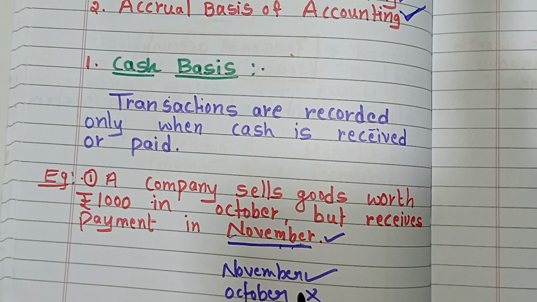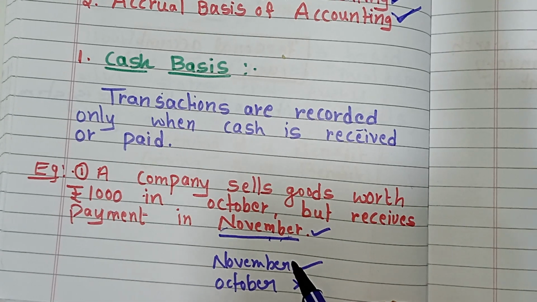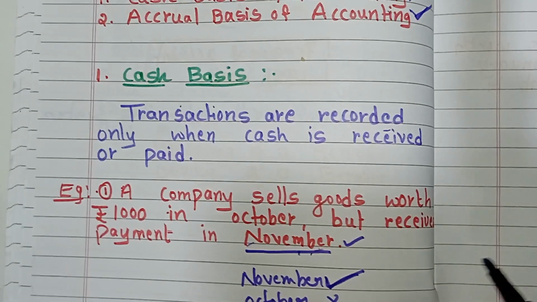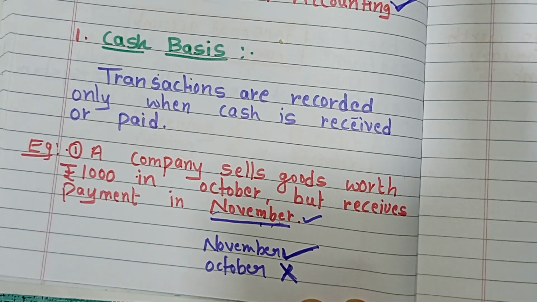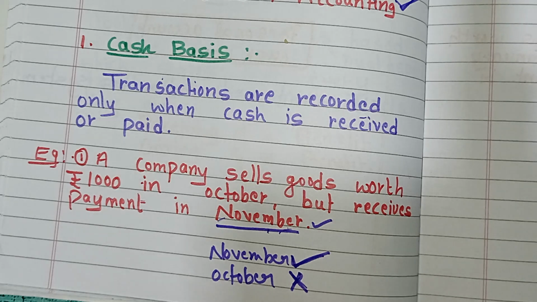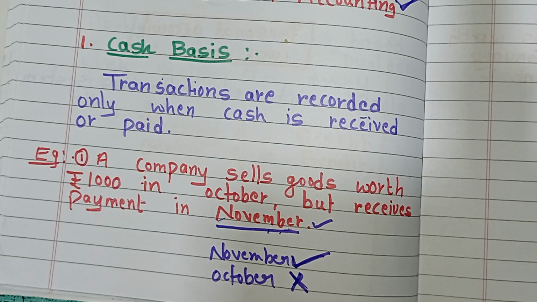So, we need to record the amount of rupees 1000 in November, and not in October, because in October we sold the goods but we have not received any amount. In November we have received the amount. I hope this example is clear to you all.